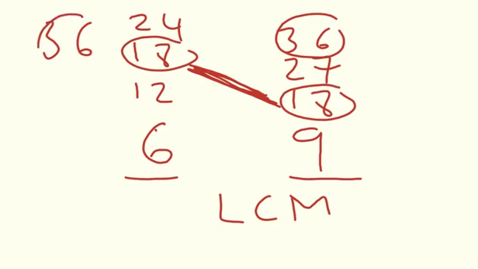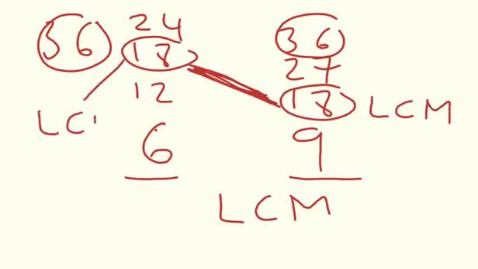So that's another common multiple, but it's not the lowest. The lowest is this, 18. Does that make sense? So if you do get stuck, just think of this as your times table, and it's the first time that both times tables have the same number. That's called lowest common multiple.